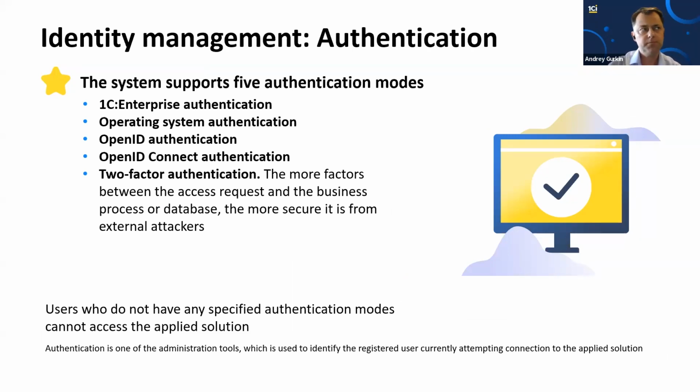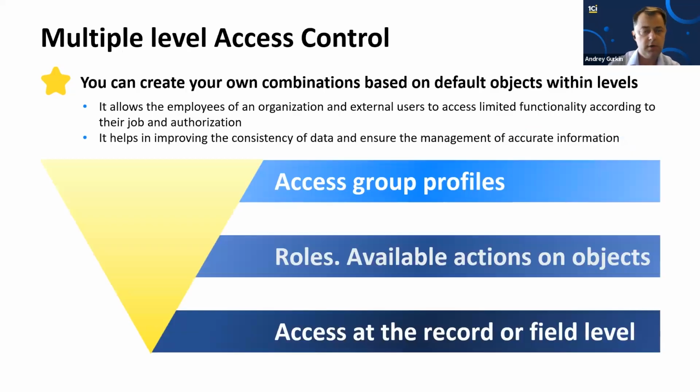Not only enterprise authentication, but we can select OpenID authentication, etc. Here you can see another pyramid of layers for access group profiles, and it allows the employees of the organization and external users to access limited functionality according to the job, authorization, and area of your database.